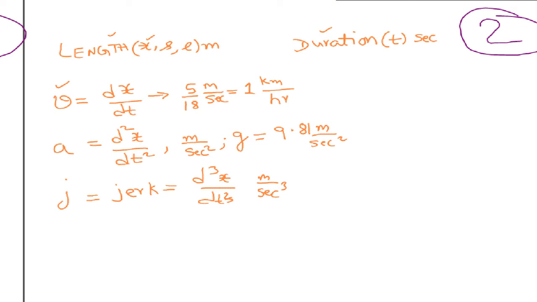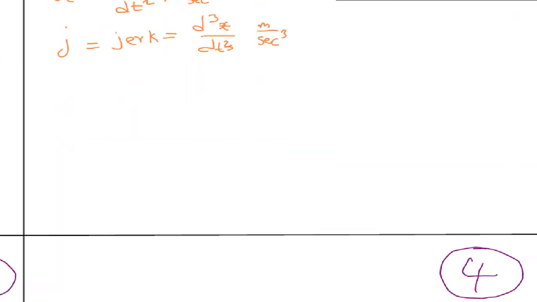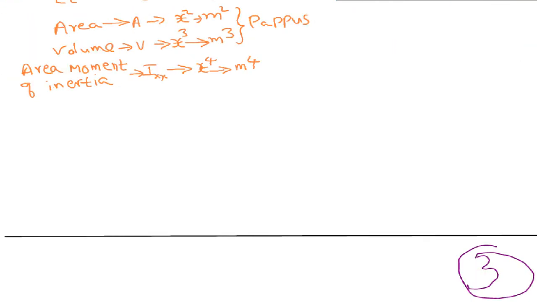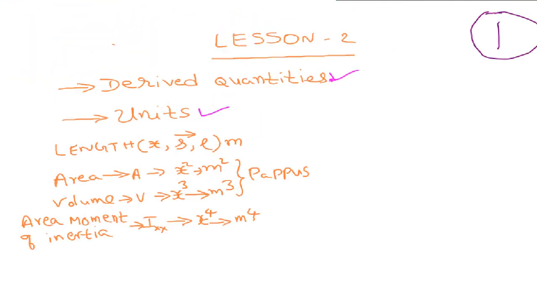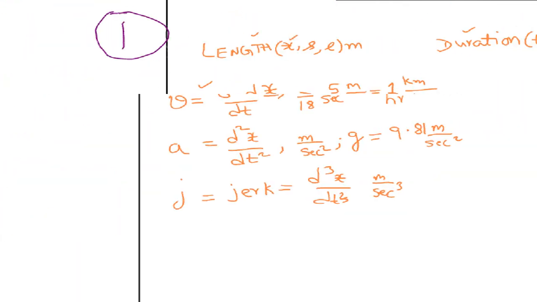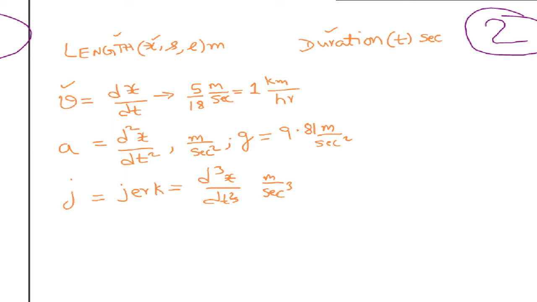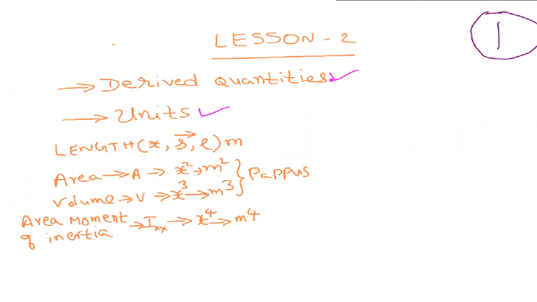In fact, we can also use a third quantity, that is mass. We have seen earlier that we have combined length and duration. We may also throw in mass as one of the fundamental quantities, and define a few other derived quantities.